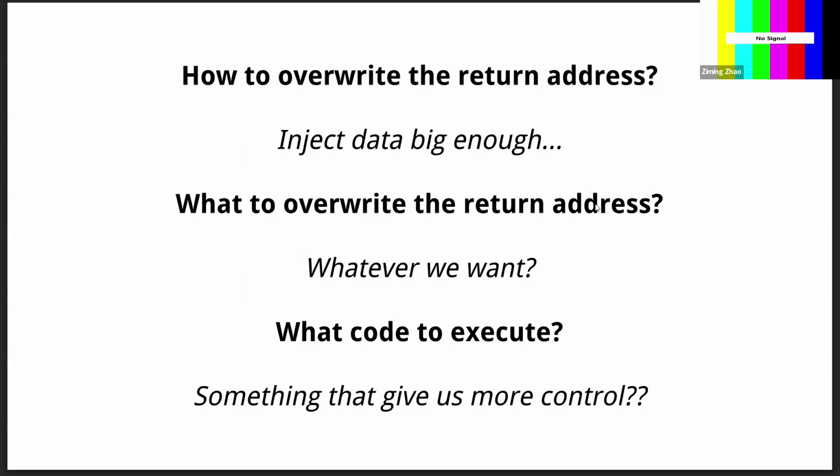So the goal here is similar. We're going to overwrite the return address, and we are going to inject some code there. We're going to put code in the address space, and that code will either give us a shell or just print the secret for us.